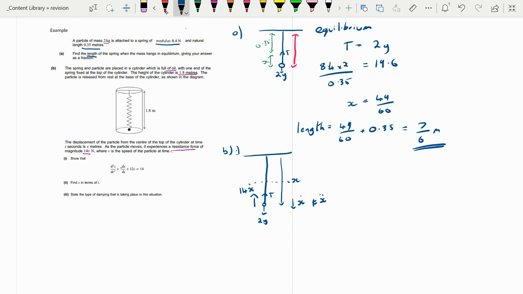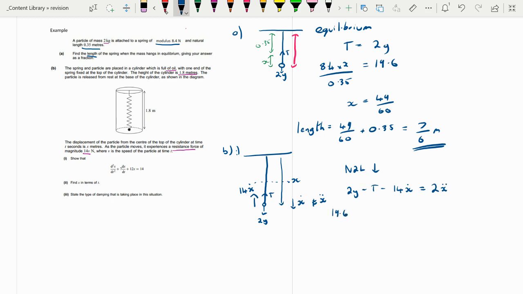So first of all, let's do our normal thing, Newton's second law downwards. Down I've got 2g, up I've got the tension, and up I've got the 14x dot. And that's going to equal 2x double dot. And now let's do the same thing we normally do.